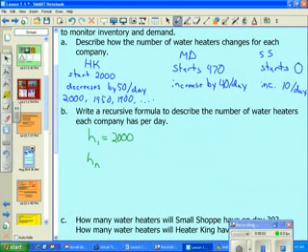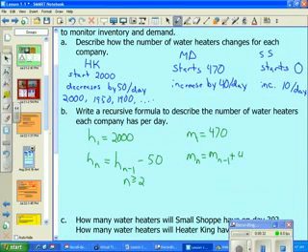To get any general term, take the term that comes before it. And what are we doing? We're subtracting 50 in this example. And for Heater King, this is whenever my index is greater than or equal to 2. For the next one, I know my first term is 470. To get any general term, take the one that comes before it.